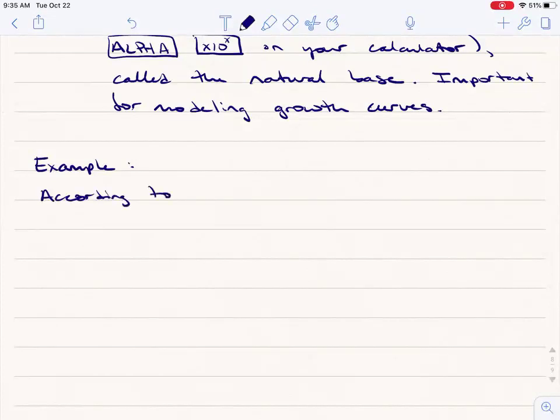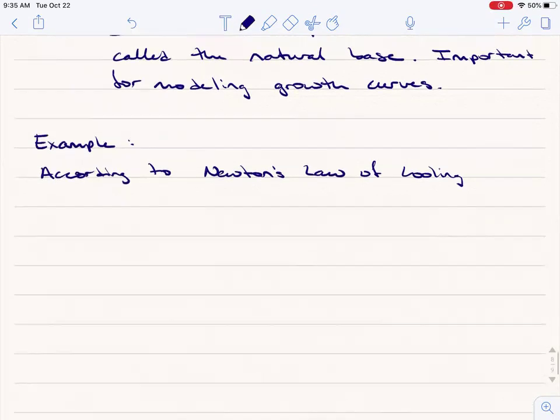According to Newton's law of cooling, which I can only assume we're going to revisit in more detail, but this is kind of a brief introduction.